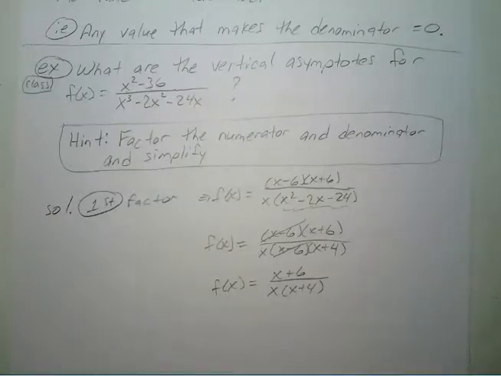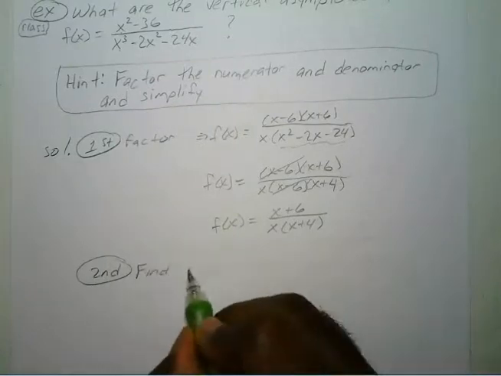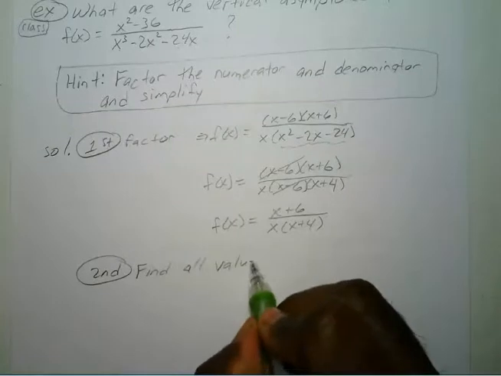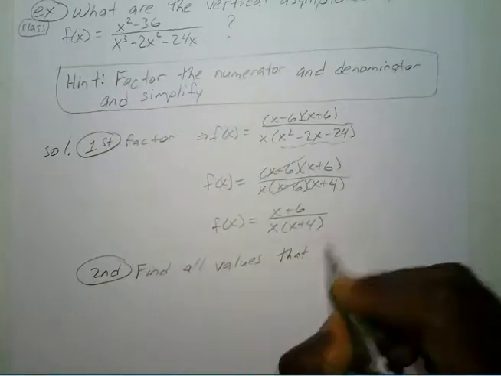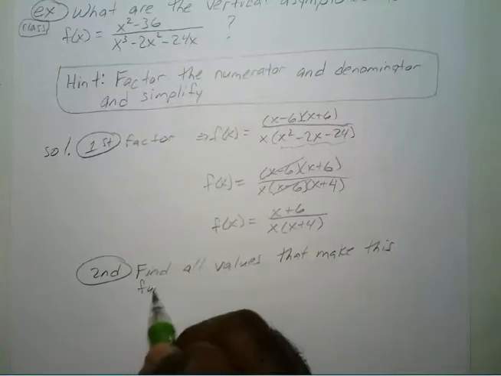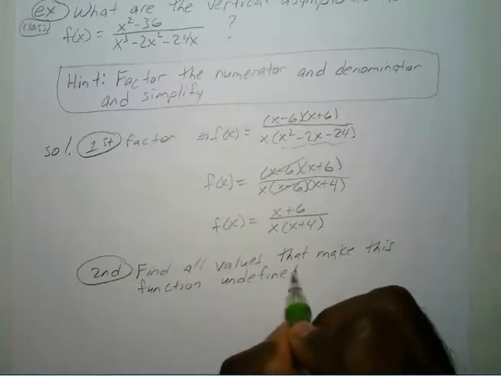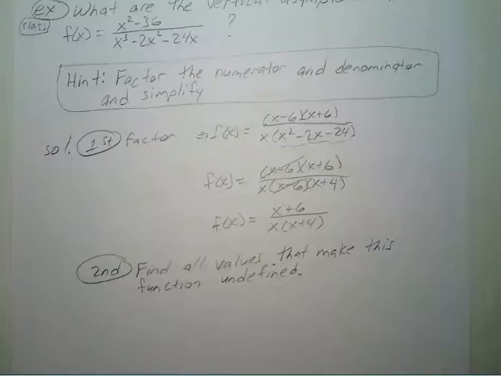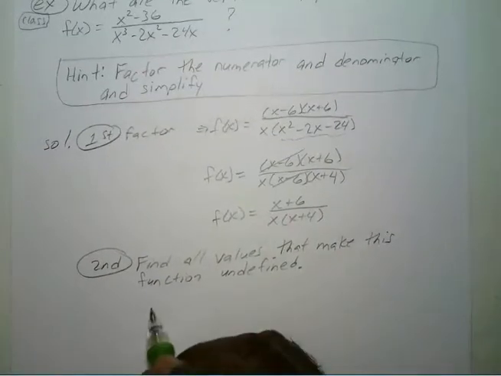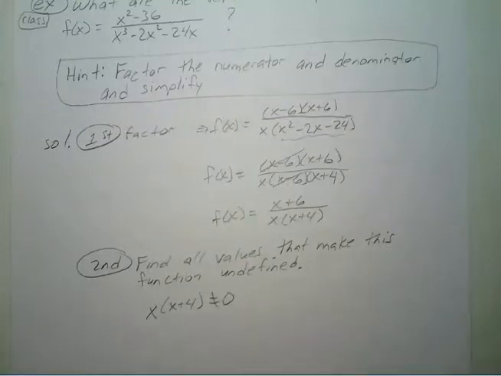Okay, now we go to our second step. After simplifying, now we find all the values that make our denominator equal 0. Find all values that make this function undefined. All right, so that means that x times x plus 4 cannot equal 0.